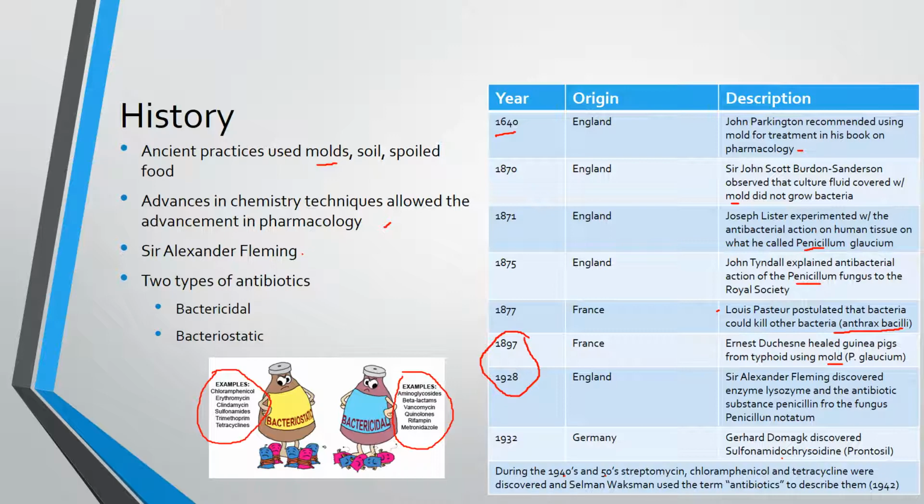In many cases, the cell wall is a big one. Okay, whereas a bacteriostatic antibiotic actually doesn't outright kill the bacteria, but it interferes with its reproduction. It prevents it from multiplying.